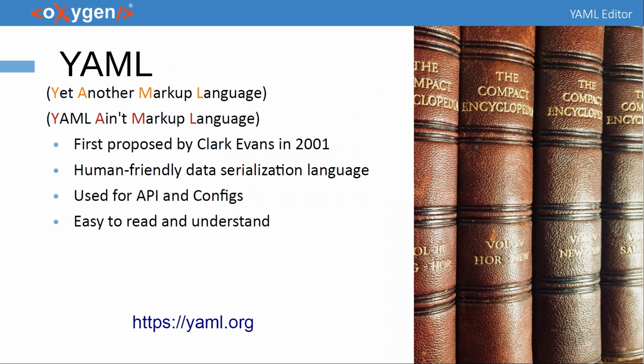As a short history, it was first proposed by Clark Evans in 2001 and is a human-friendly serialization of data. It is a little bit easier to read and understand than XML and JSON.